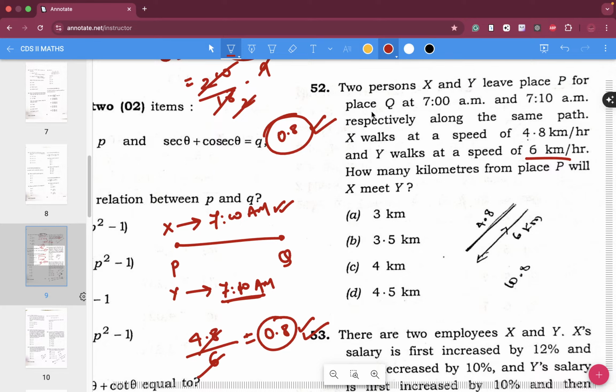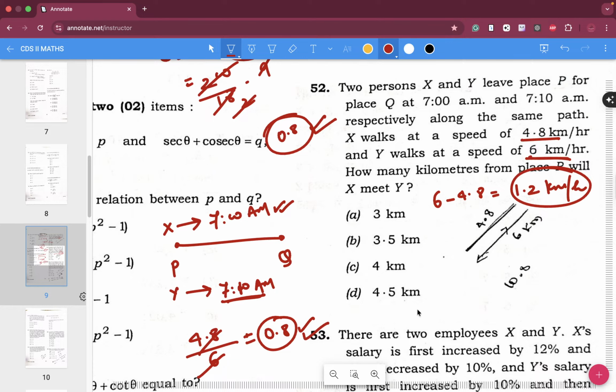Now both of them are traveling in the same direction, so the effective speed by which they will be meeting each other is going to be 6 minus 4.8, which is 1.2 kmph, right? Now from 7:10, how much time will it take for X and Y to meet?